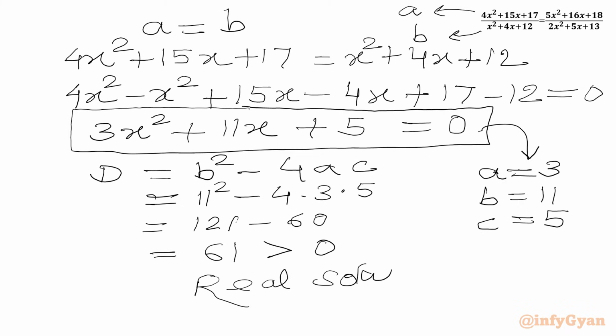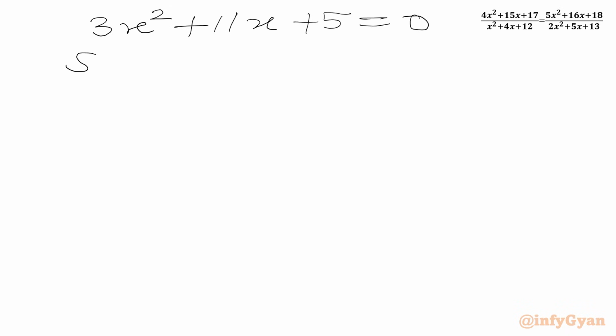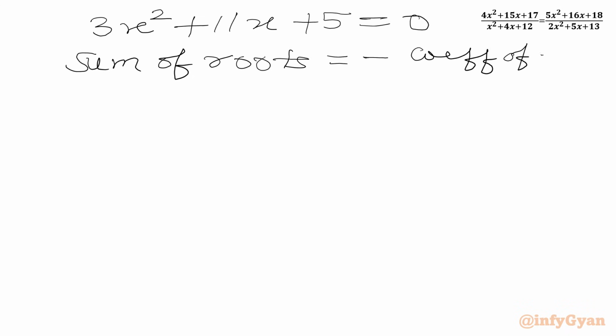Now we have to find the sum of all the real x. So we will use Vieta's formula. 3x² + 11x + 5 = 0. So we'll write here the sum of roots formula, this will be equal to minus the coefficient of x over the leading coefficient.